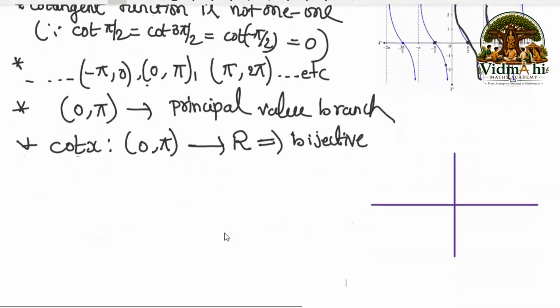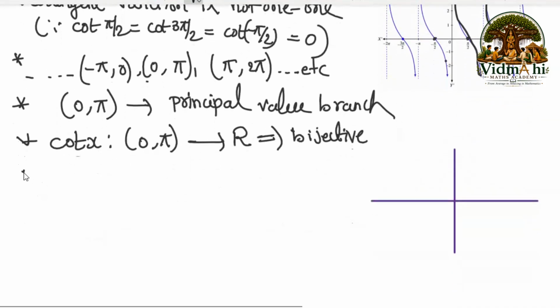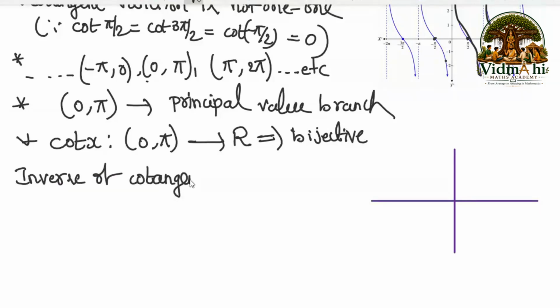So the inverse of the cotangent function can be represented as cot inverse x.